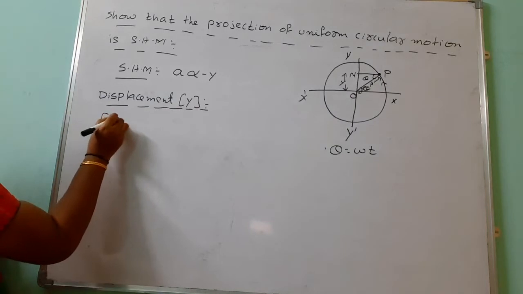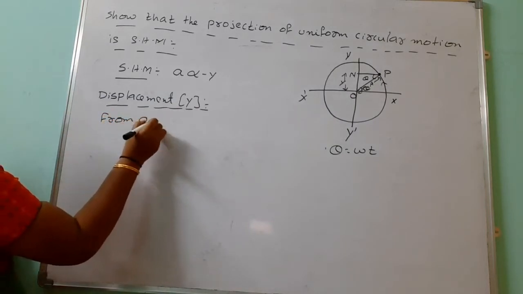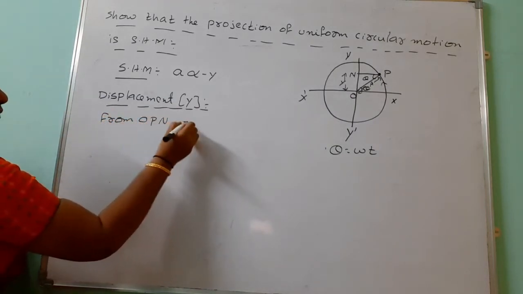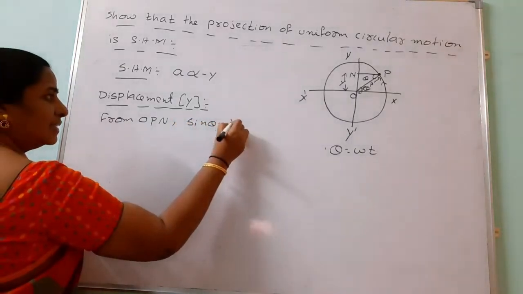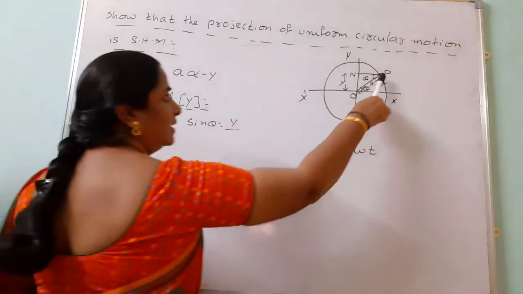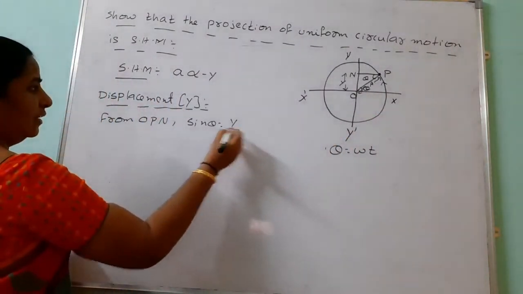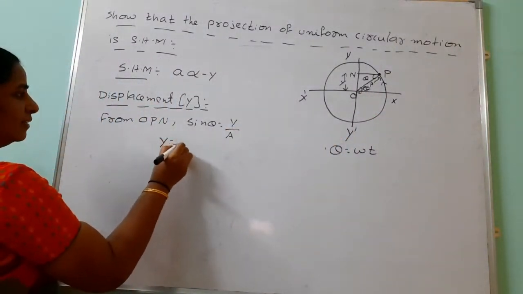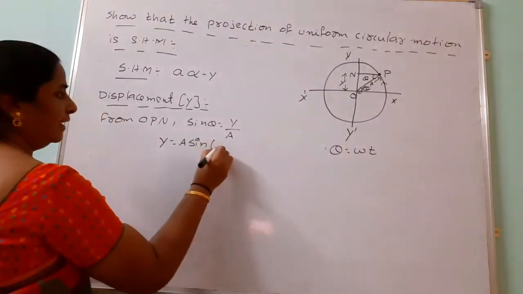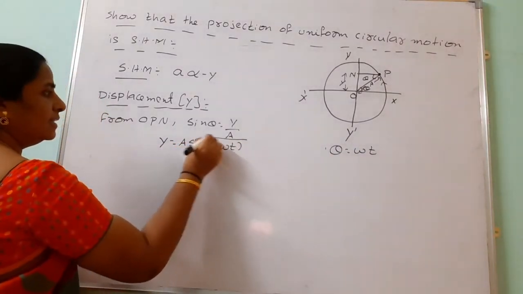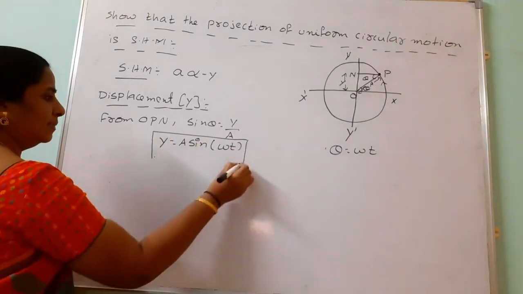From the figure, or from triangle OPN, we can take sin theta equals opposite by hypotenuse, y by radius, which is the amplitude. When we do the cross multiplication, y equals a sin, and instead of theta we write omega t. This is the expression for displacement.